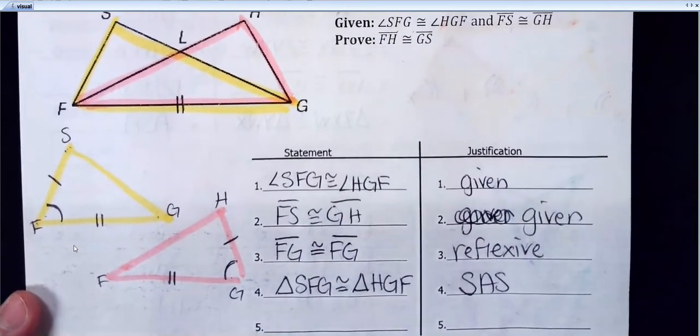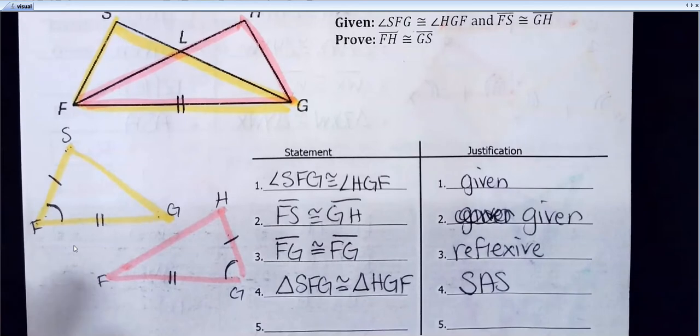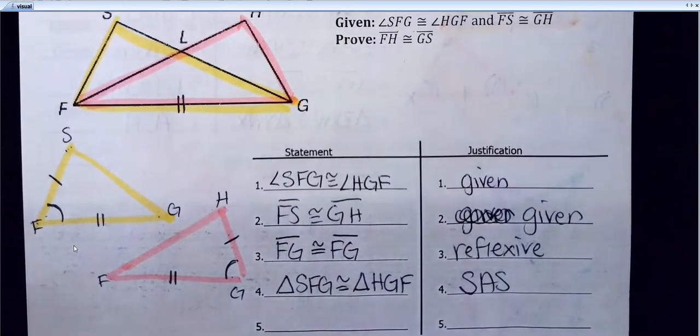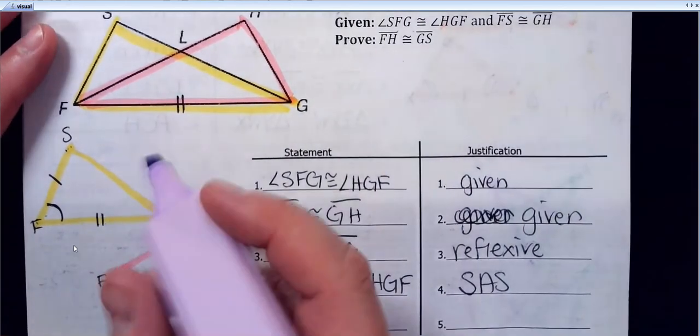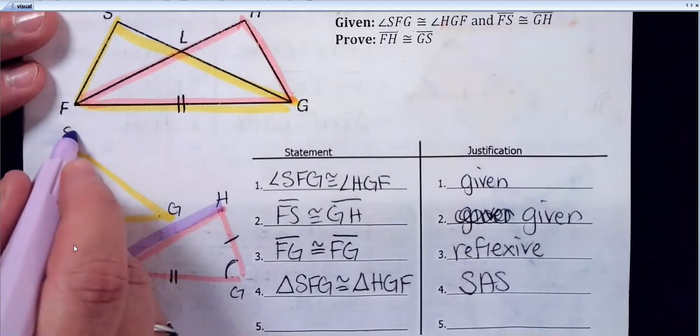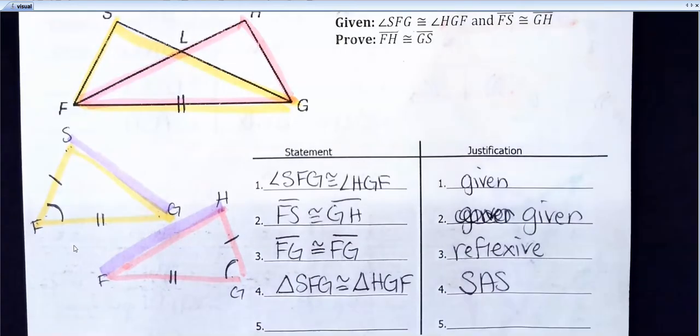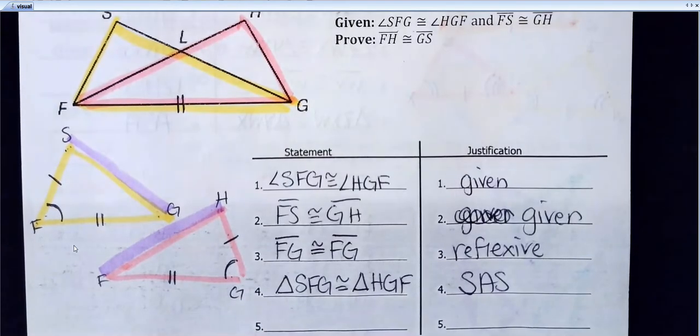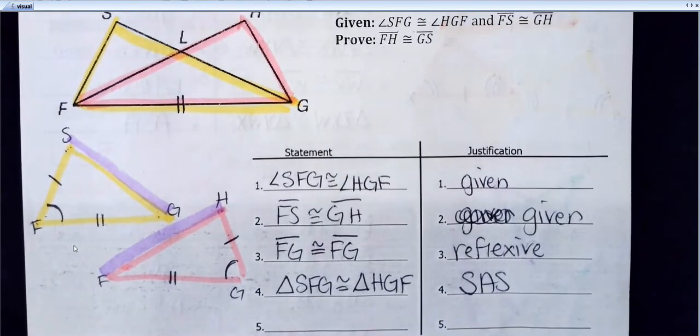And once you've proven the triangles are congruent, the proof asks you to show that FH, which would be here, and GS, which would be here, are congruent. So those are corresponding sides there because we know the triangles are congruent. That forces any sides or angles within those triangles to be congruent.